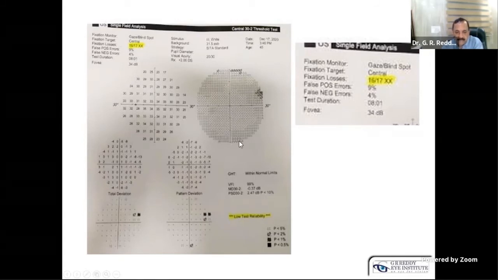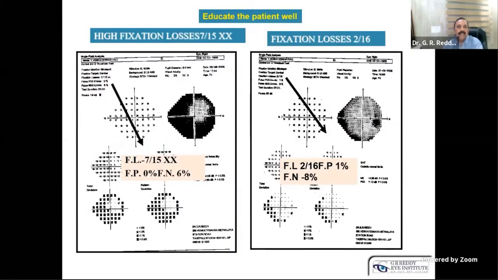And sometimes the blind spot may be very small and may be missed when locating it. I told you about the blind spot displacement downwards when he is not fixing, and changing from the small diamond to central fixation. Sometimes, when we educate the patient properly, fixation losses can be reduced.